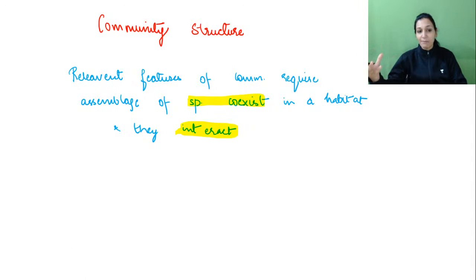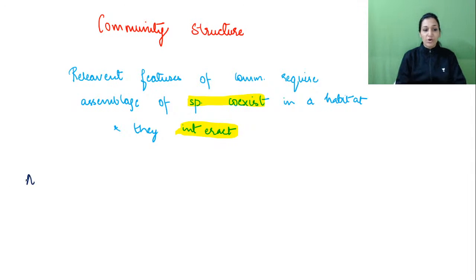Now let's come to the definition, the working definition which people give. Now you know what a community structure is, we just need to reframe it in a presentable definition.